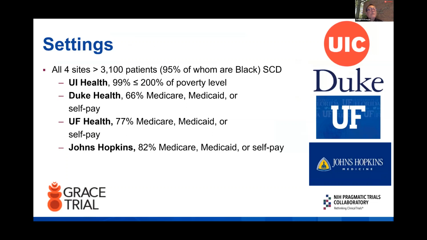All 4 sites have more than 3,100 patients, 95% of whom are Black, who have sickle cell disease. UI Health, Duke Health, University of Florida Health, and Johns Hopkins have a majority of participants who are on Medicare, Medicaid, or are self-pay.